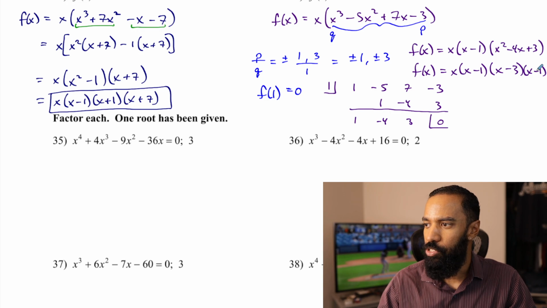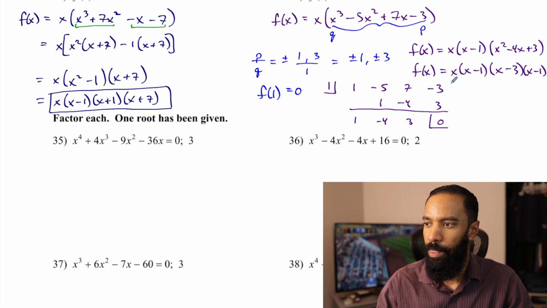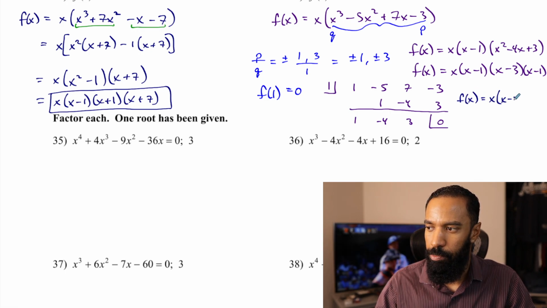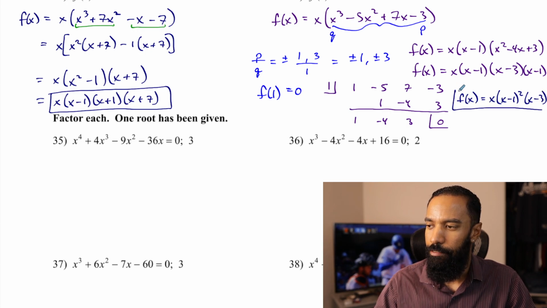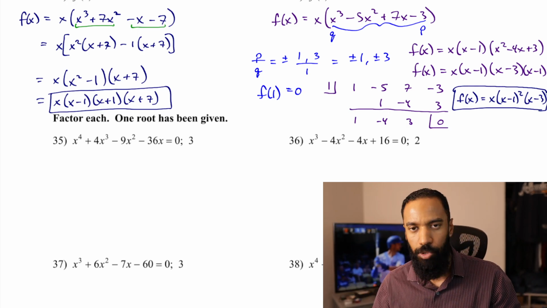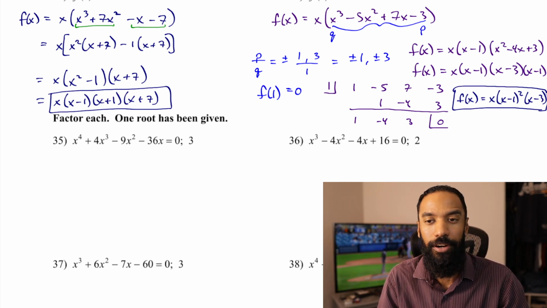And if I want to write things a little more plainly, x minus 1 times x minus 1 can condense into x minus 1 quantity squared. So x times x minus 1 quantity squared times x minus 3. That is the full factorization of that one. So rational root theorem helped get me something after the GCF. I plugged in 1, that seemed to work out, and we're probably going to be using rational root theorem the rest of the way. I didn't expect it here, but there it is.